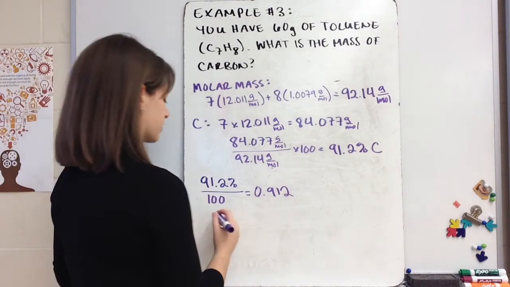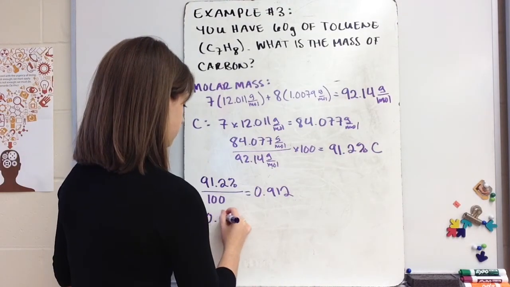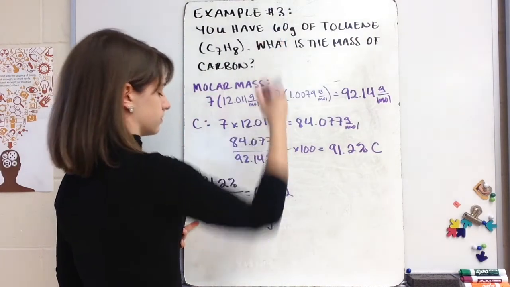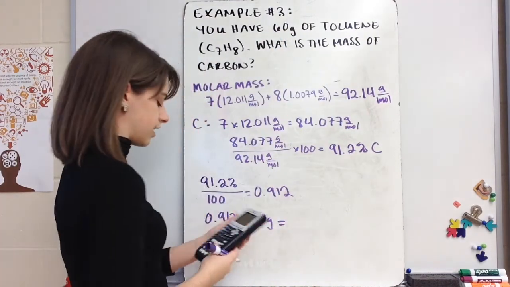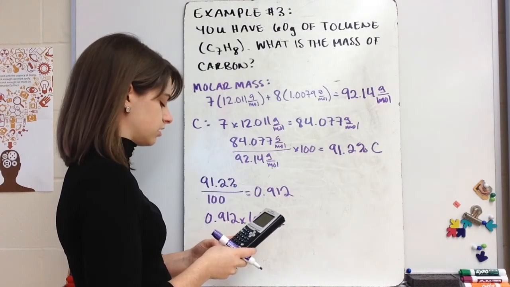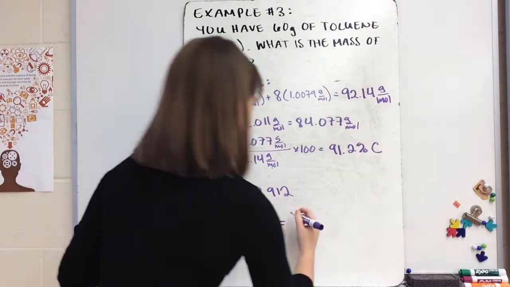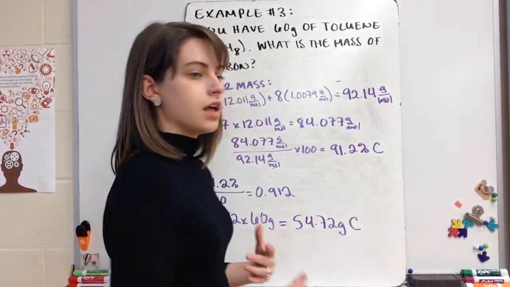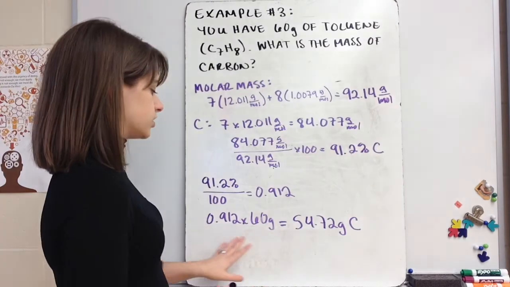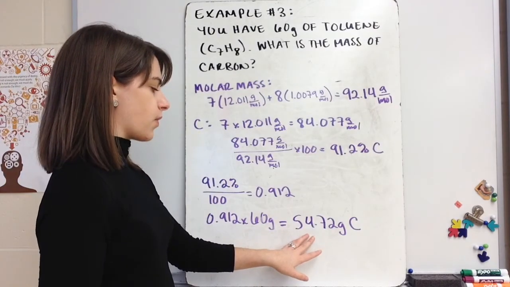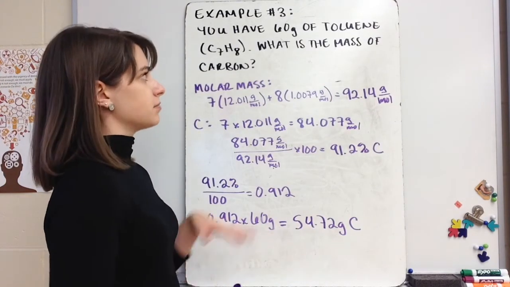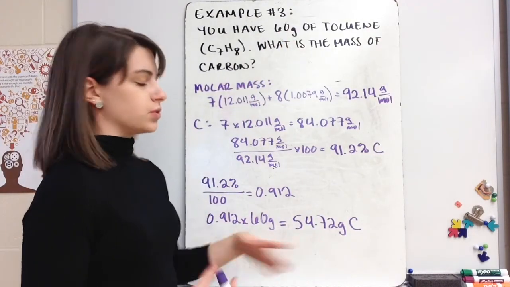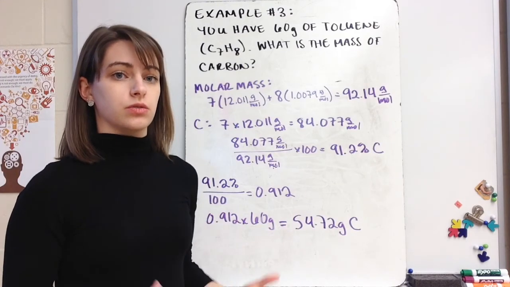And then I'm going to take that percentage as a decimal, 0.912, times my total mass, 60 grams, to figure out the mass of just the carbon. So 0.912 times 60 grams gives me 54.72 grams of carbon. That means in my 60 total grams of toluene, 54.72 grams of that substance is due to carbon.